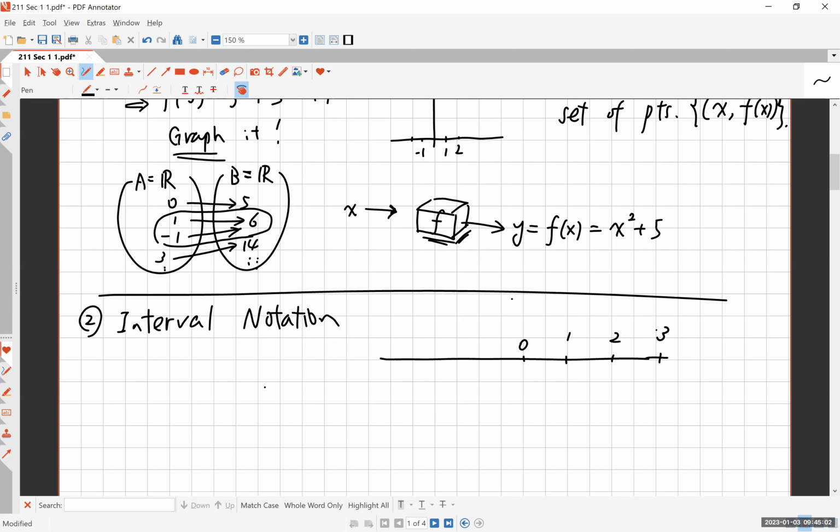Numbers like 1, 2, and 3 are called natural numbers, right? Some people include 0, some people do not. These are whole numbers, and if you include -1, -2 and all of these, that's called the integers. I'm not going to go into all the details, but then you have fractions, like 1/2, 1/3, 2/3, and so on.